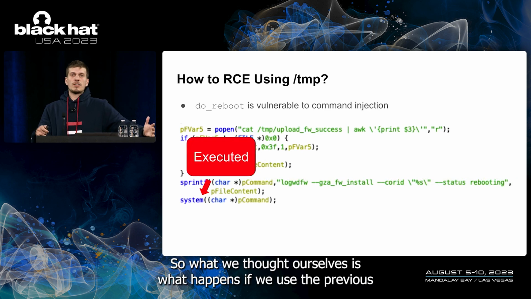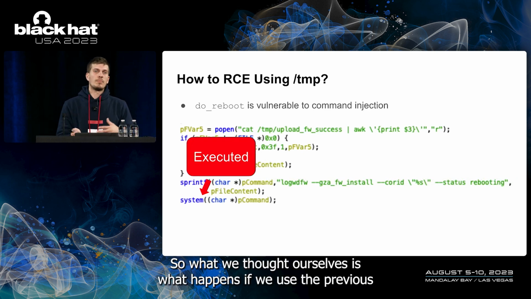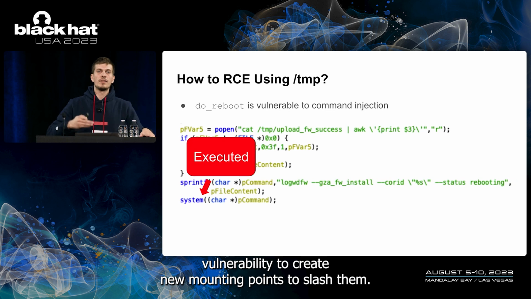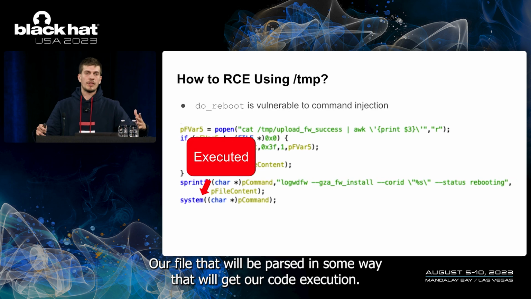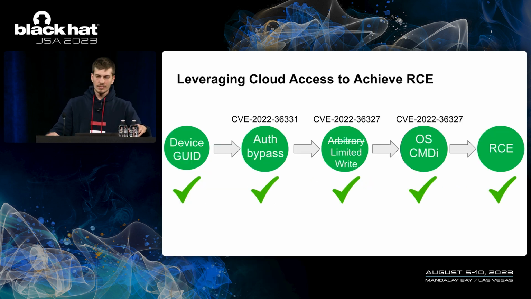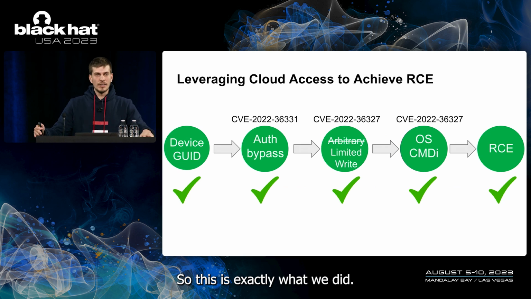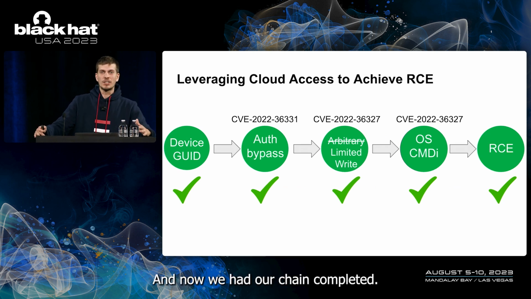So what we thought to ourselves is, what happens if we use the previous vulnerability to create a new mounting point to /temp, and write our file that will be parsed in some way that will get us code execution? So this is exactly what we did, and now we had our chain completed.